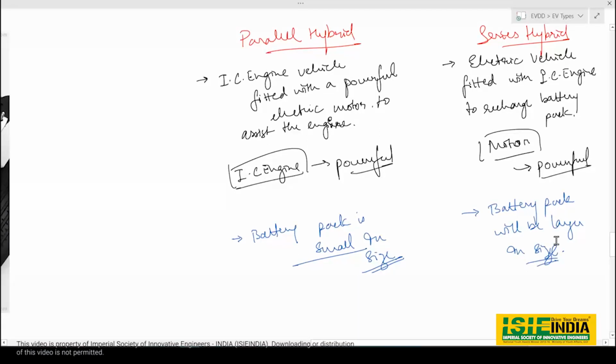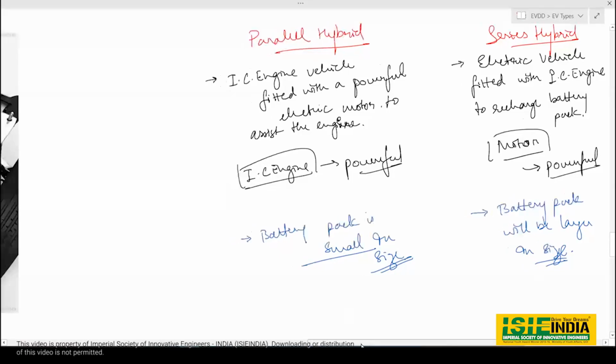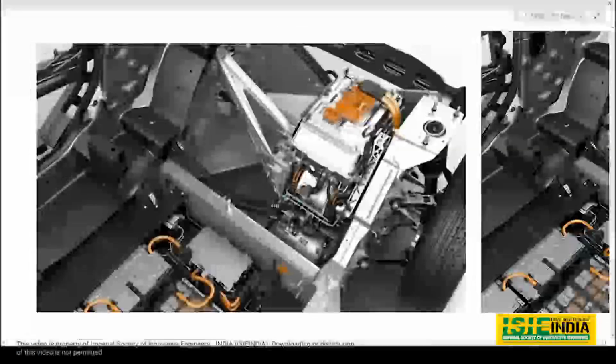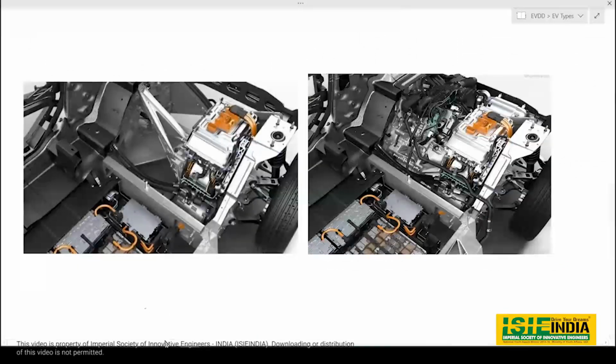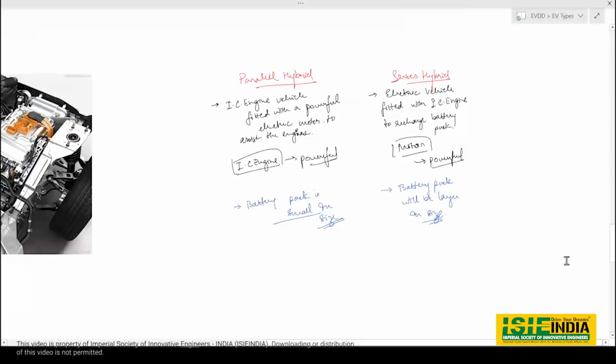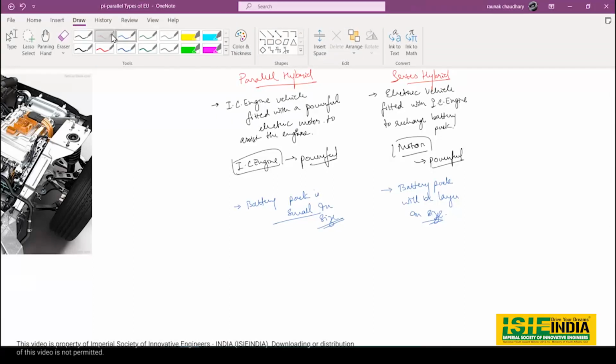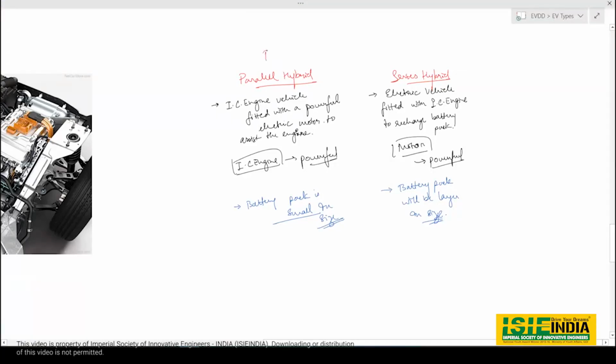To show you the example, just to clarify this, yesterday we saw BMW i8, which is parallel hybrid, and for series hybrid we will see BMW i3.